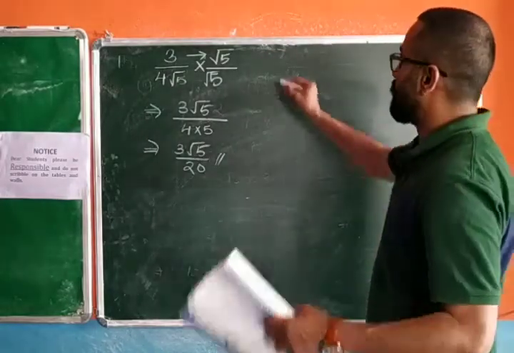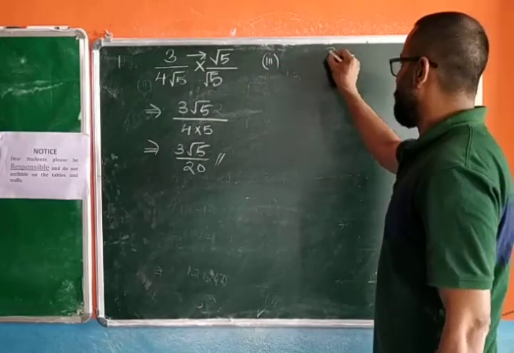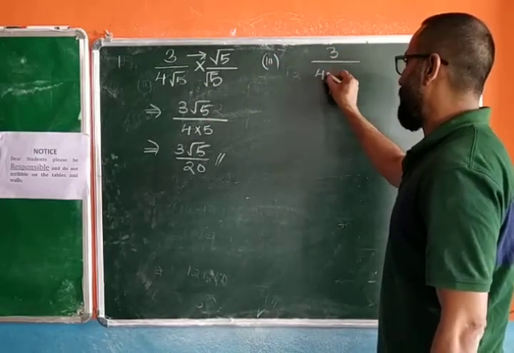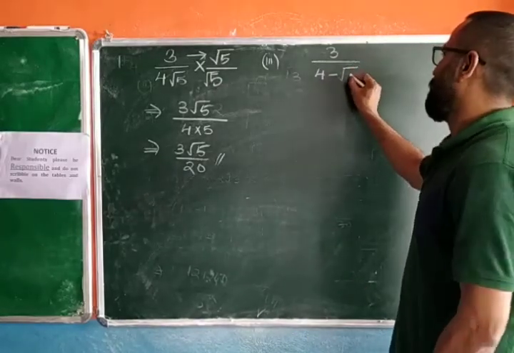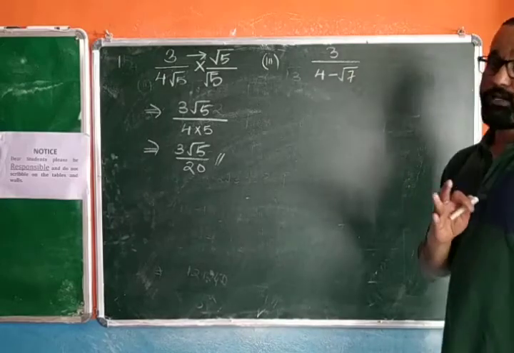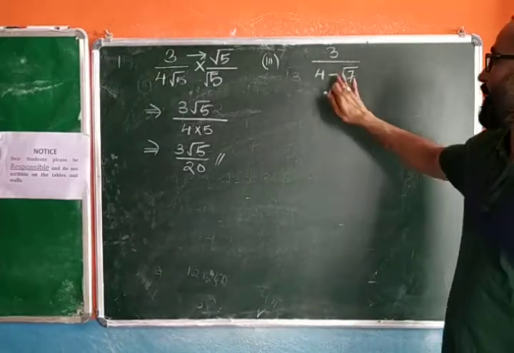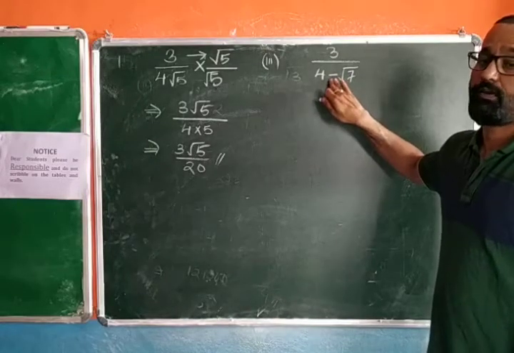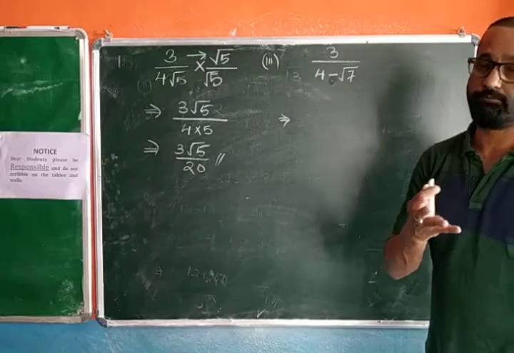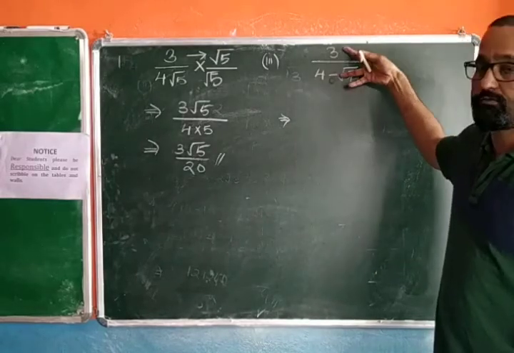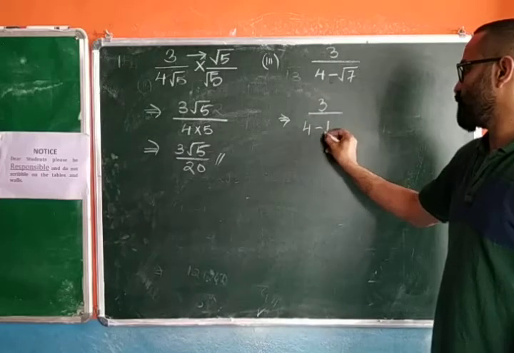Look at number 3 now. The question says 3 divided by 4 minus root 7. You need to find the rationalizing factor first. So the given value has a minus here, so the rationalizing factor will be positive. So we copy this fraction, 3 divided by 4 minus root 7.